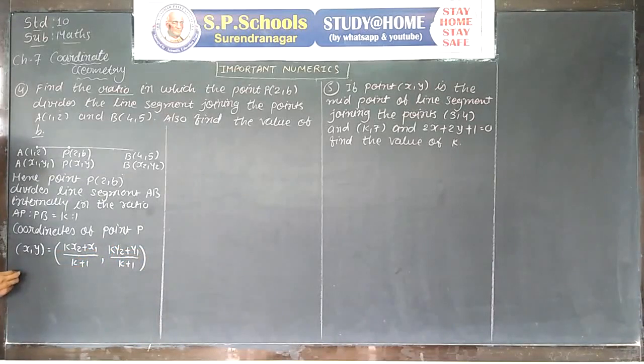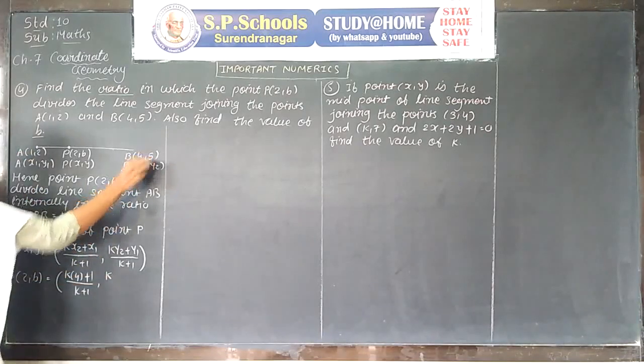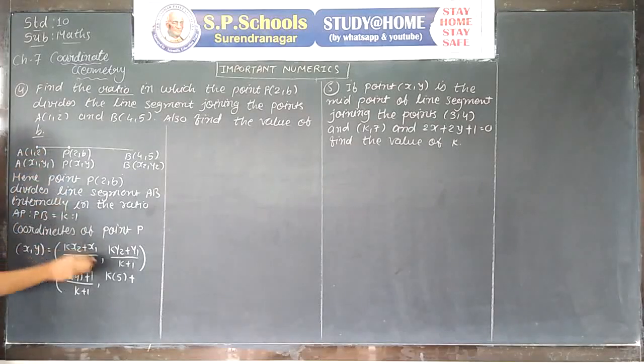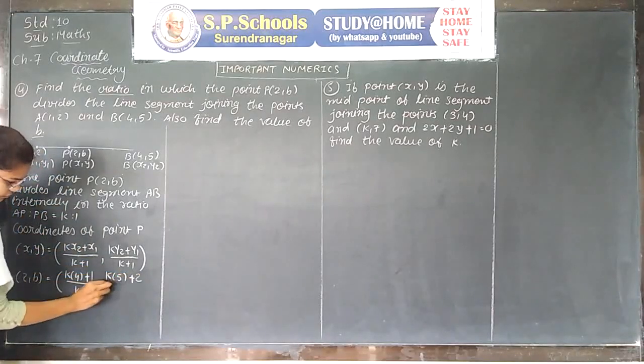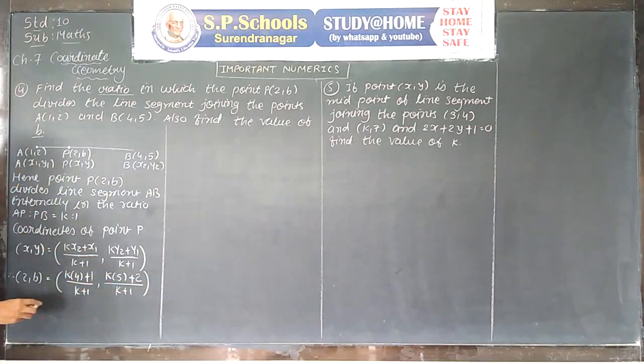Now we substitute all the values. We know the values of x and y: (2, b) = ((k·4 + 1)/(k + 1), (k·5 + 2)/(k + 1)).